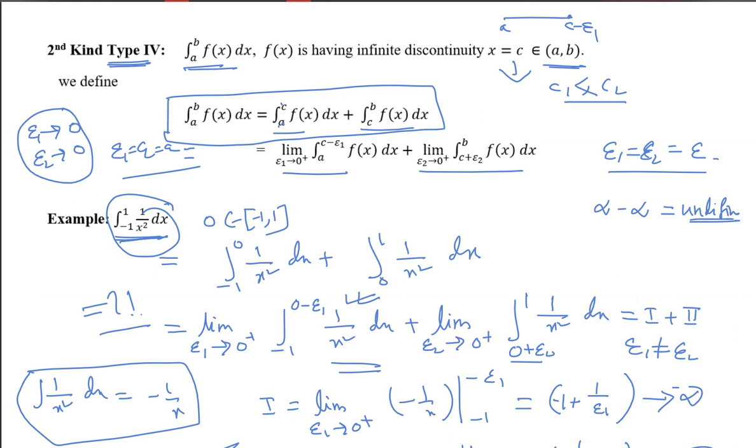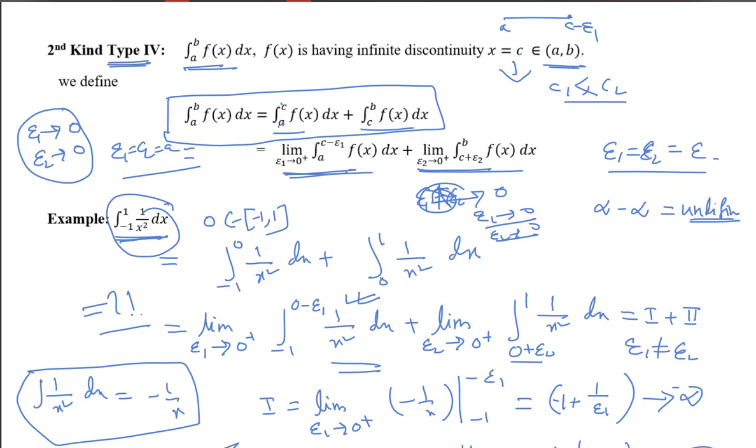Sir, can both Cauchy's principal value and convergence value be defined but not equal? No, that's what I'm saying. If epsilon 1 is not equal to epsilon 2, they are tending to 0 differently. You say that epsilon 1 tends to 0 and epsilon 2 tends to 0, and we find both the limits and get some finite value. That value will be Cauchy's principal value. Why?